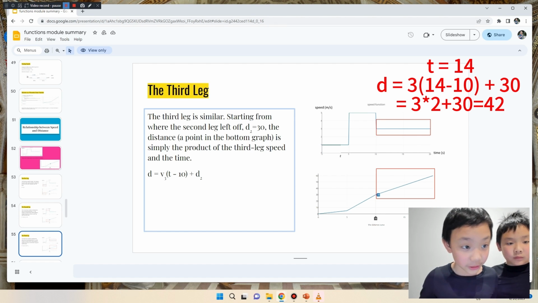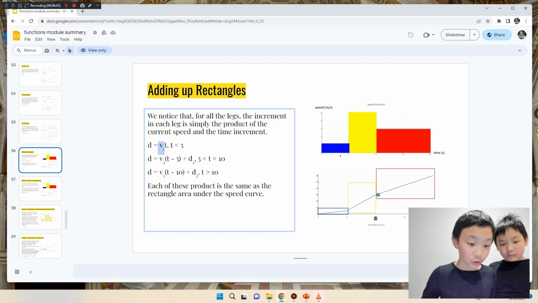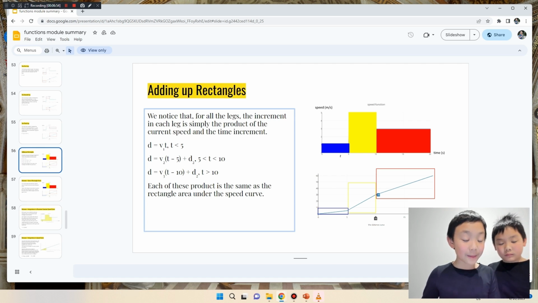So this is basically the summary of what we've done. This means that the distance equal to the velocity 1 times the time, and this means that when the time is less than 5, you do this formula.